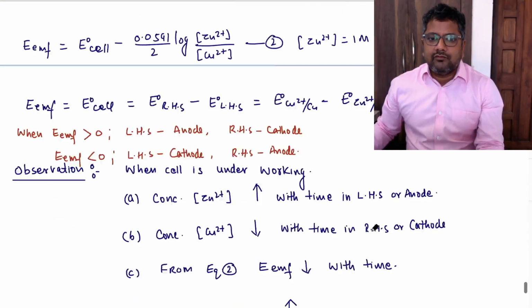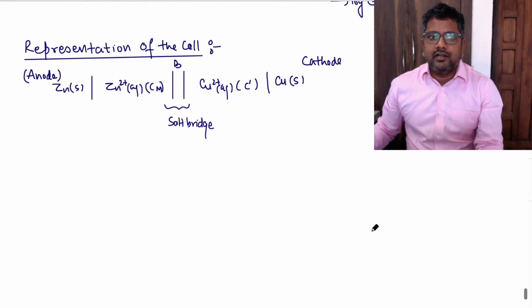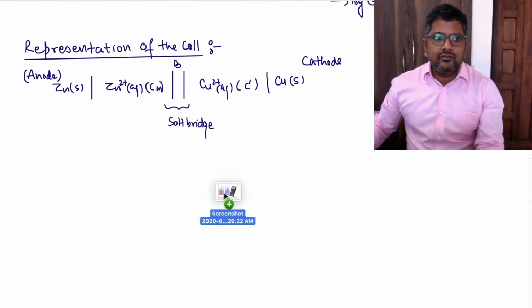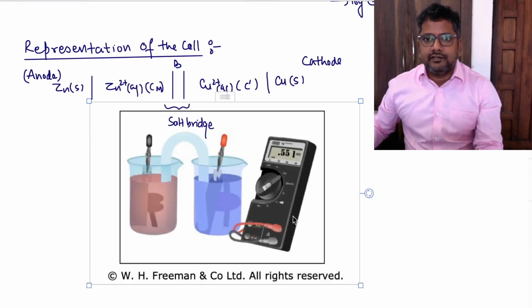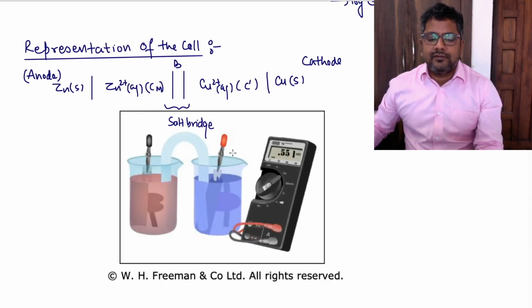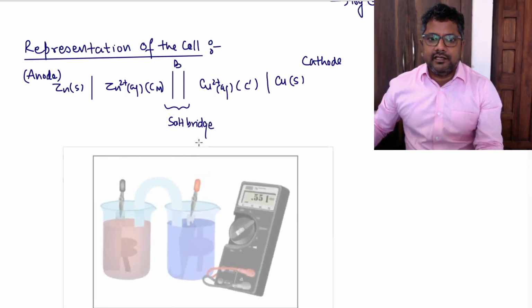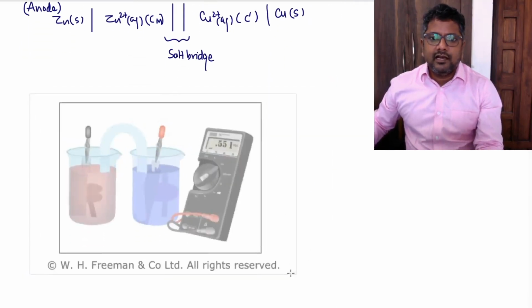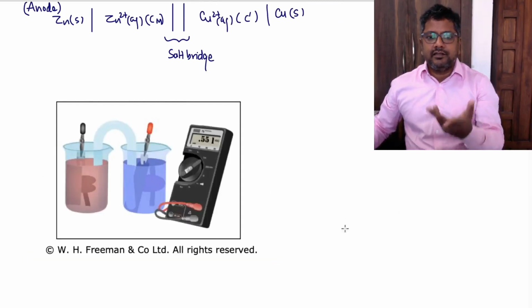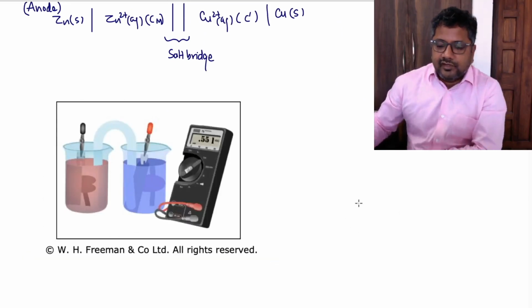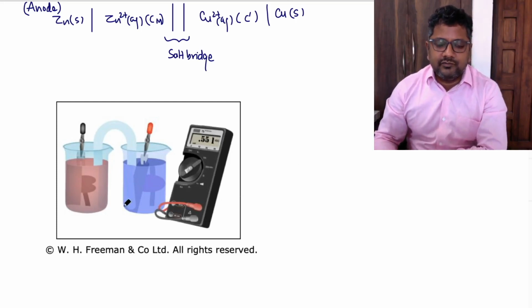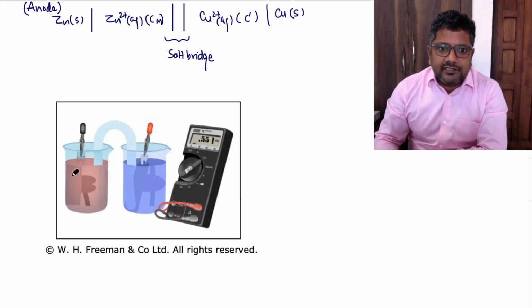So this 1.1 volt is the standard voltage of this cell. See, in the laboratory students frequently use this type of cell, and you can make it very simply. You can assume this is also a Daniell cell. This is a zinc rod and zinc sulfate solution.